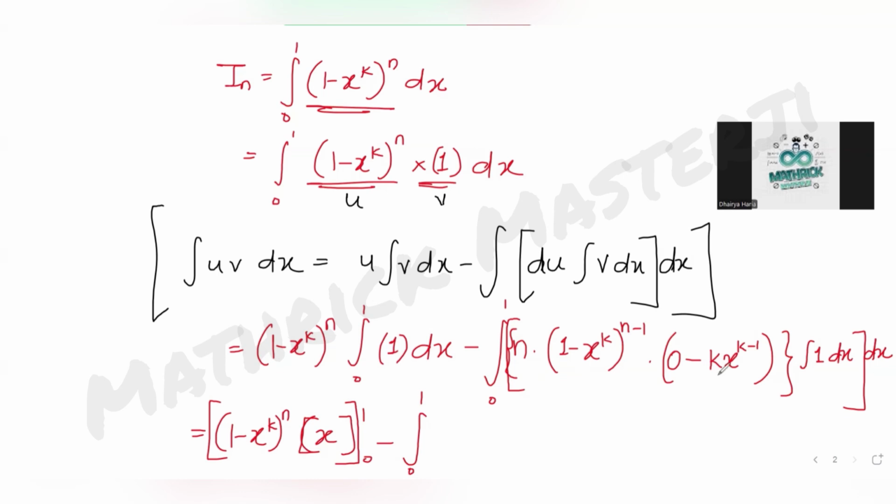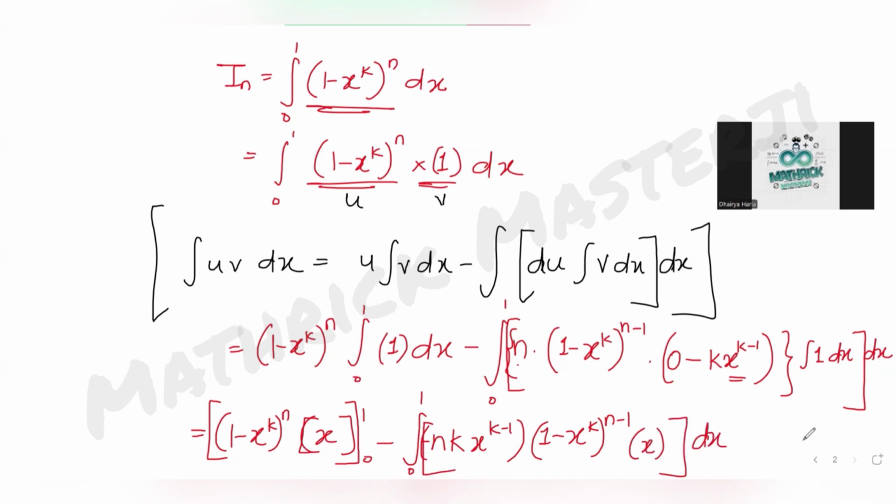Let's simplify this. What I get is minus n k x raised to k minus 1, and you also have (1 minus x raised to k) the whole raised to n minus 1, and the integral of 1, which becomes x, dx.